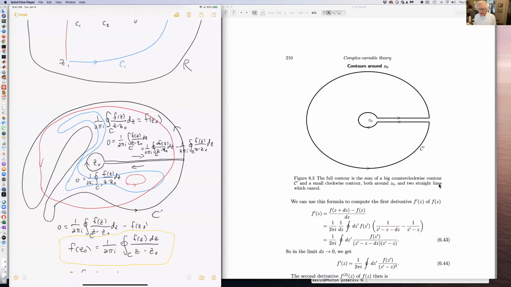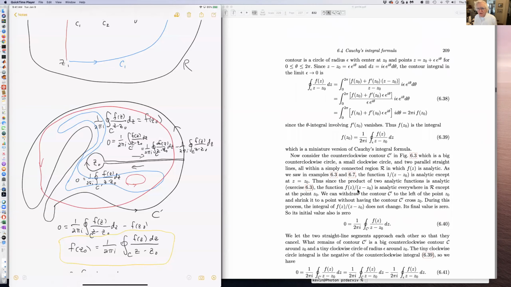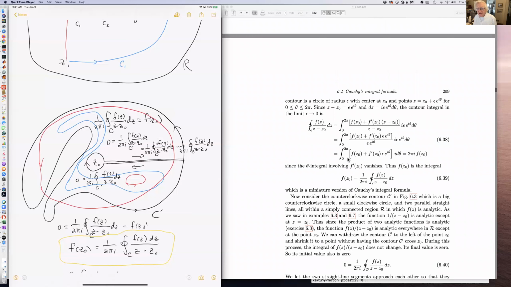Now, what we're going to do is integrate not f of z, but f of z divided by z minus z0. If we integrate counterclockwise around z0, then we find that we get 2 pi i times f of z0.